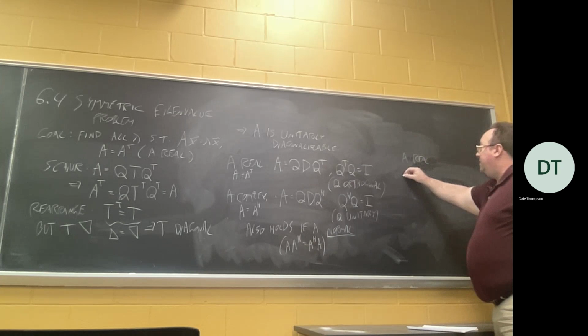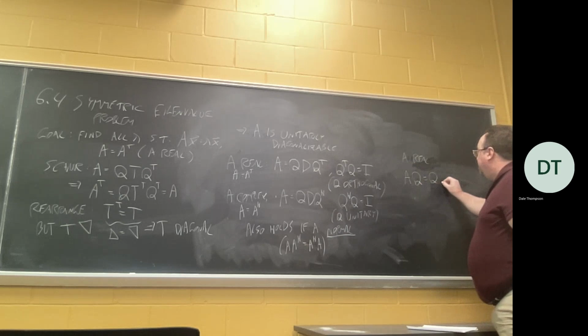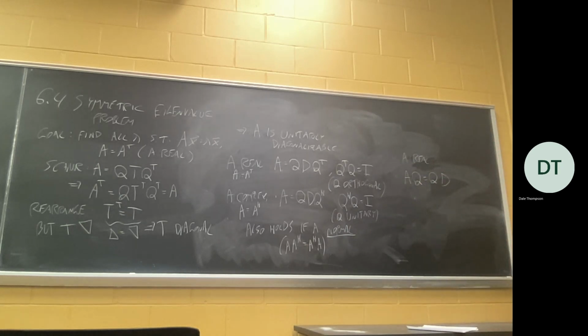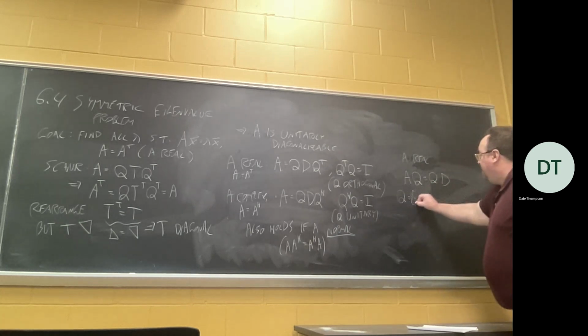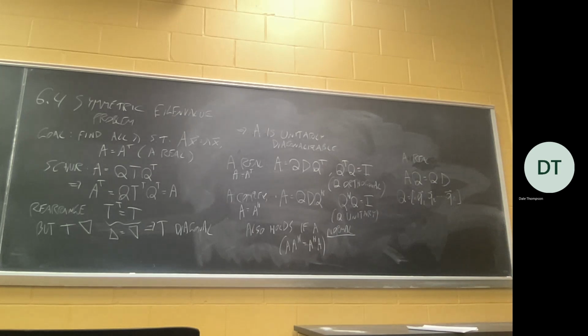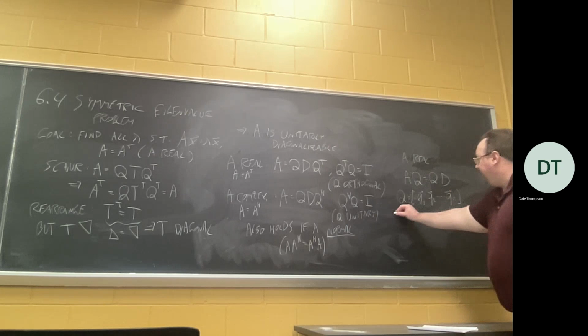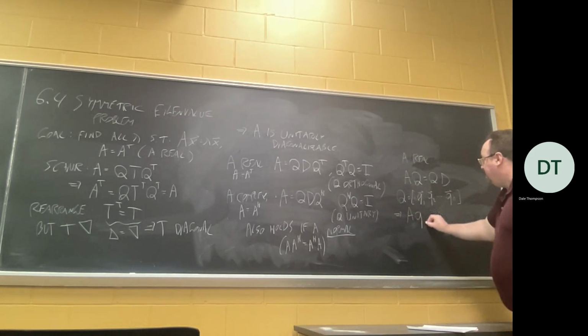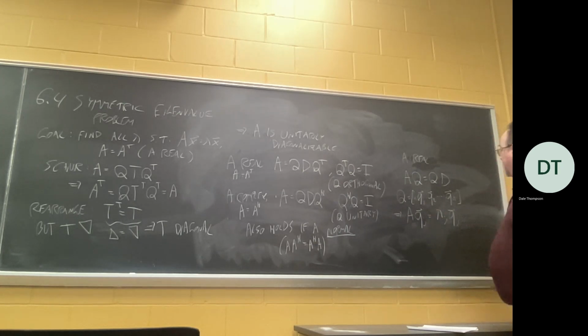So now I can say, by rearranging this equation over here, A Q is equal to Q D. So I'm multiplying both sides on the right by Q. And if I let Q have this column partition, and orthonormal columns, then if I look at this equation one column at a time, I have A q_j is equal to lambda_j q_j.